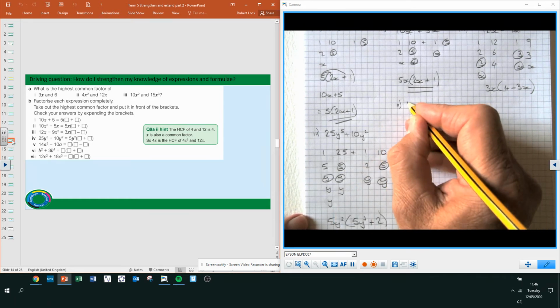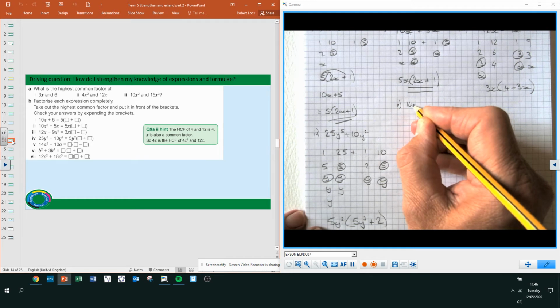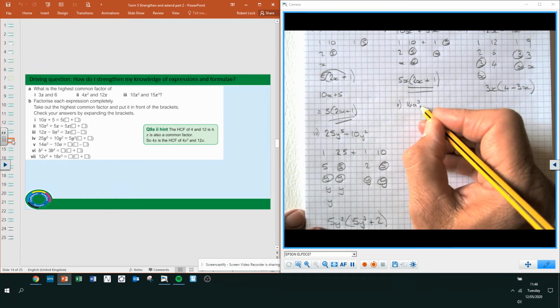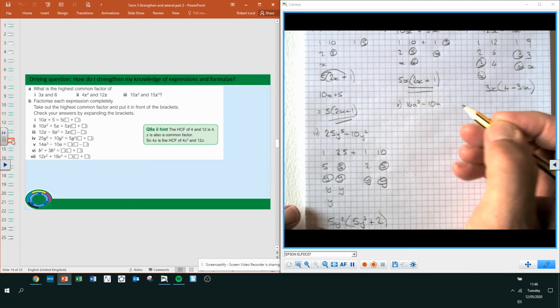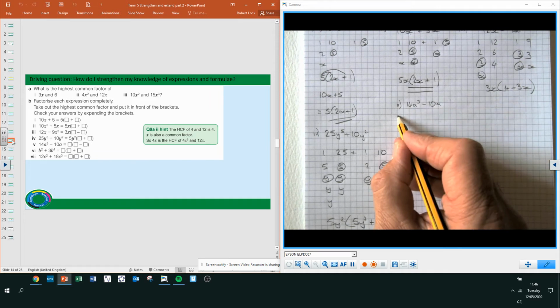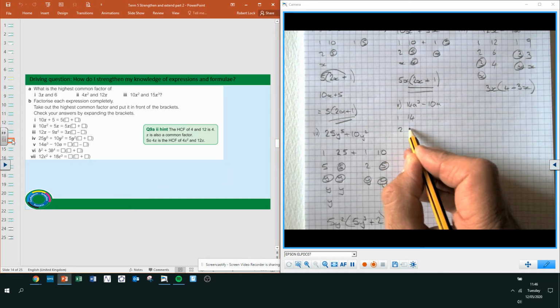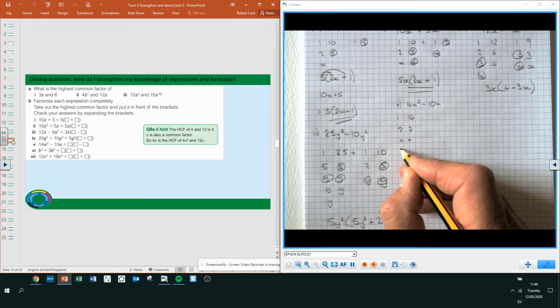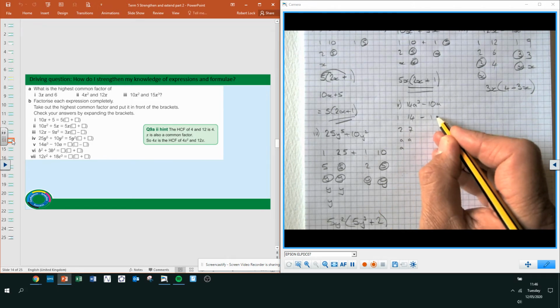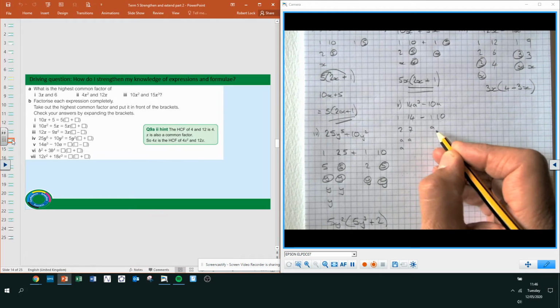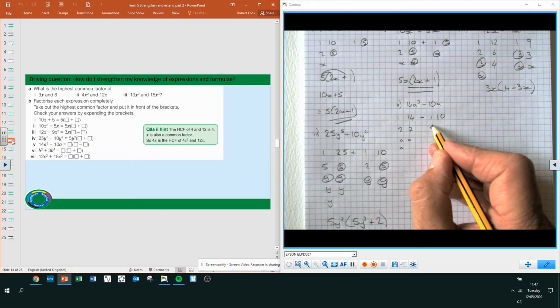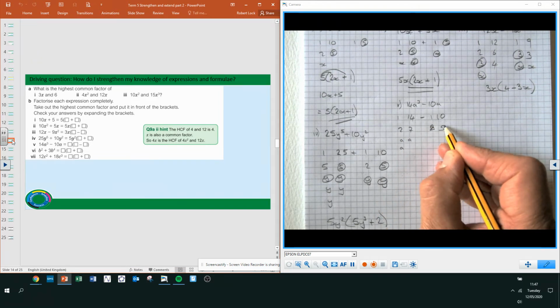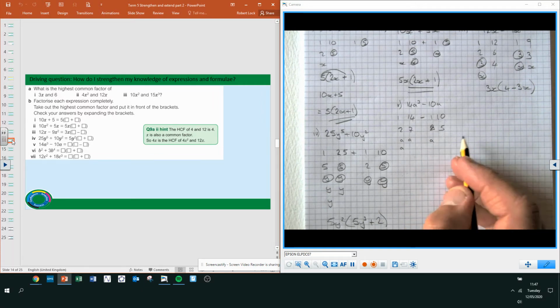Question 5. 14a cubed minus 10a. Factors of 14: 1 and 14, 2 and 7, and a. Factors of 10: 1 and 10, 2 and 5, and a.